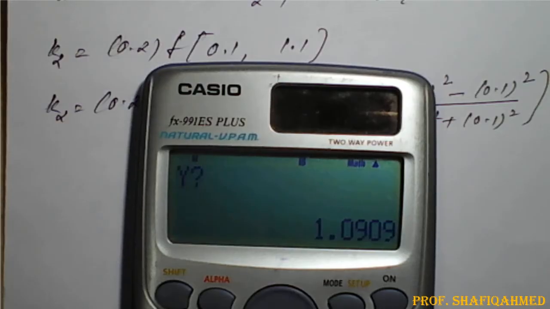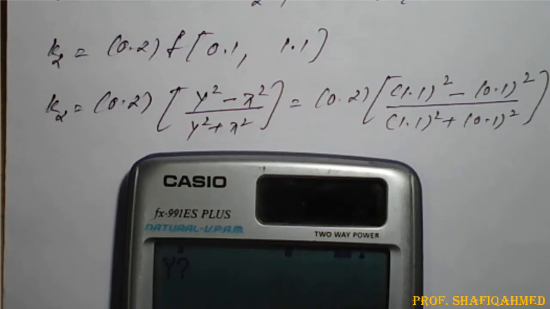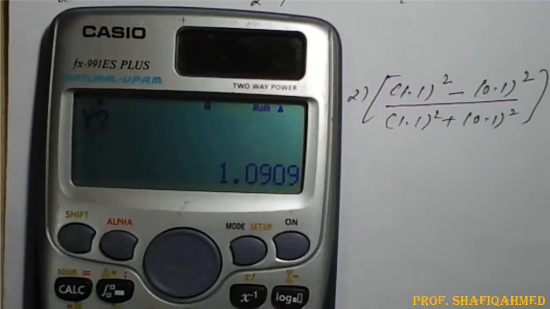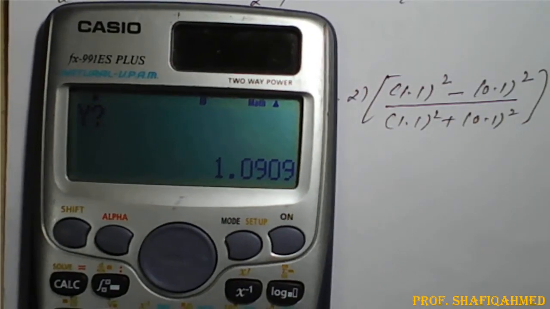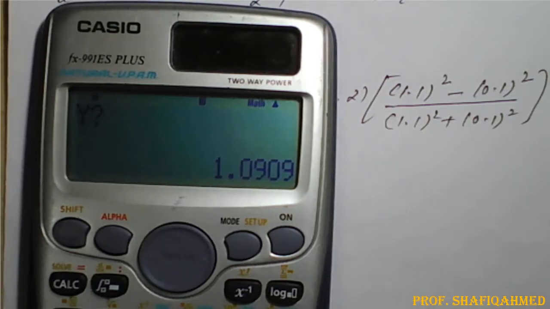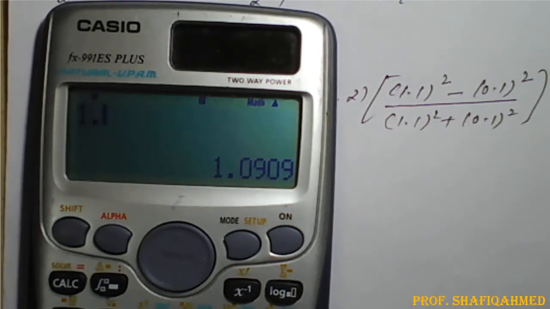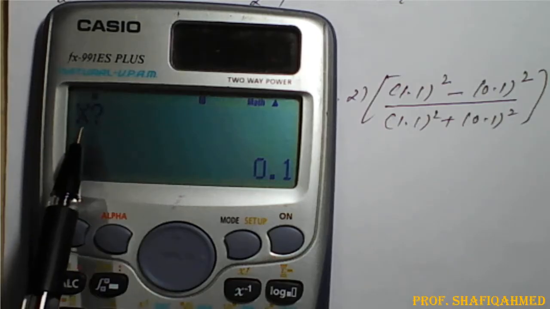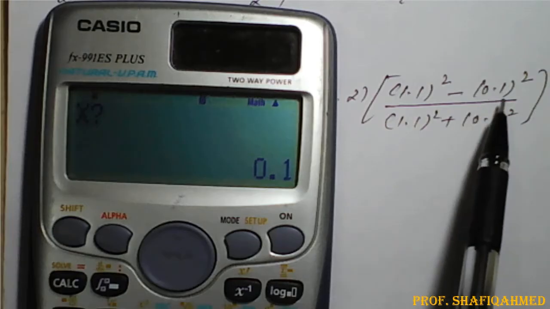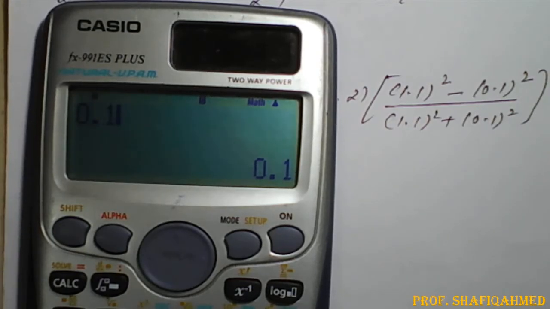Use the Calc option. It asks the value of y first. So the value of y is 1.1, equal to, it will ask the value of x now. So the value of x is 0.1.